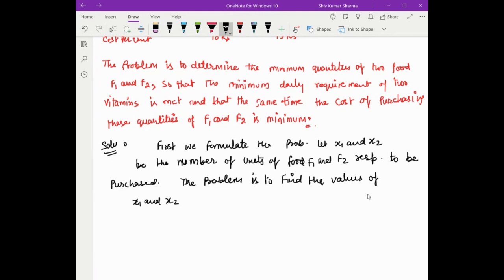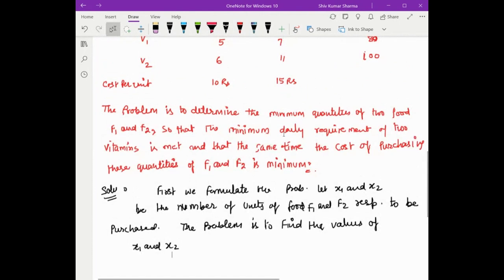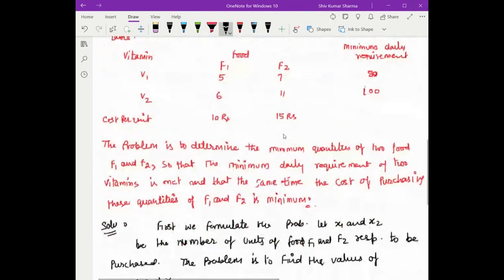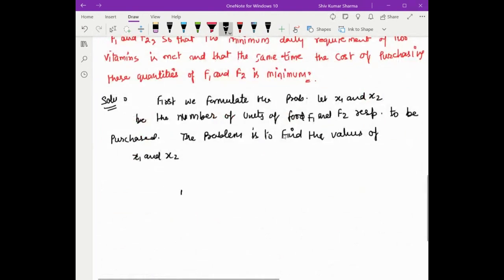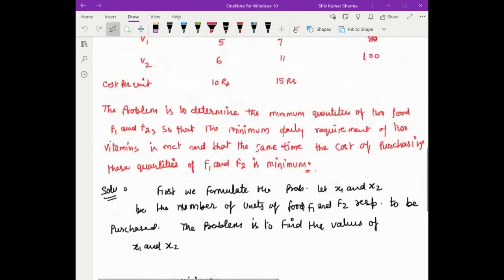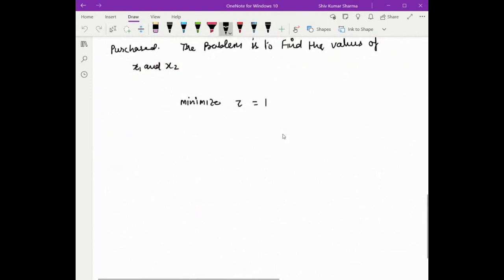So the objective function of this problem, that means determining the minimum quantities of food subject to the daily minimum requirement. So the objective function is: minimize z equal to the cost of each item, 10x1 plus 15x2, subject to constraints.